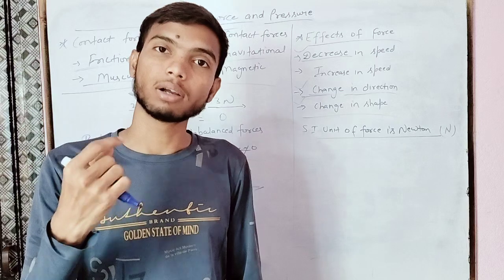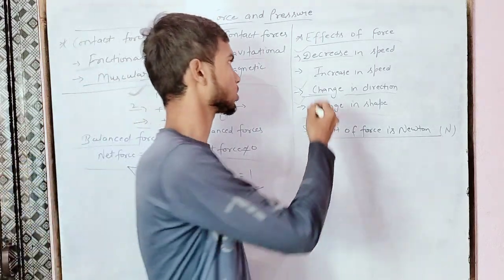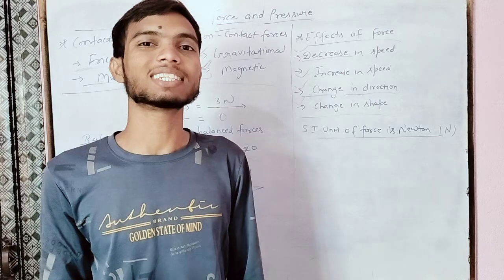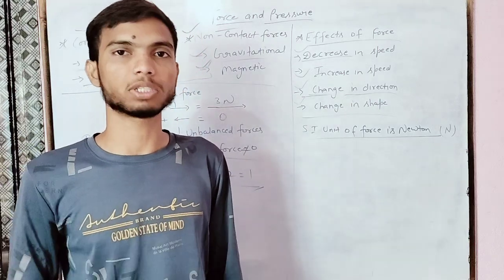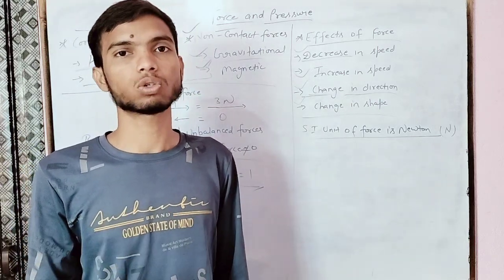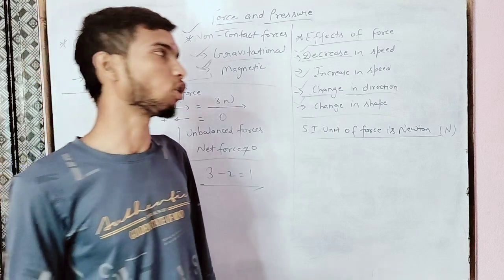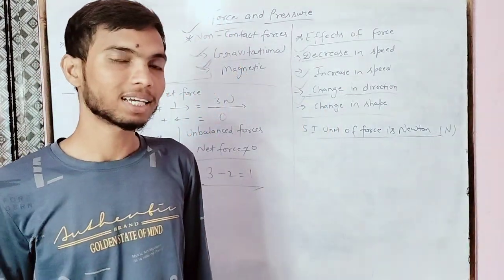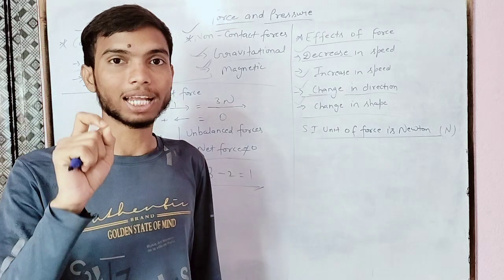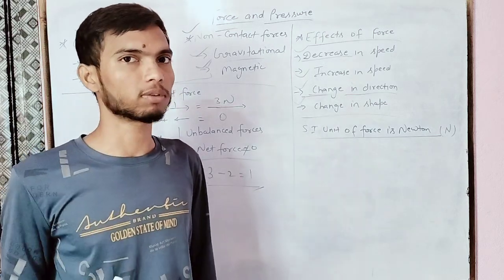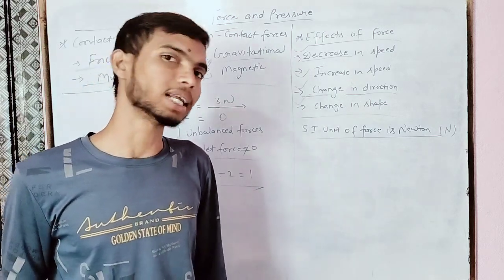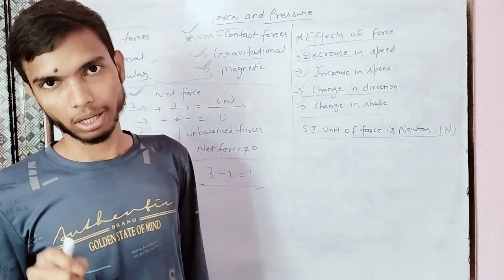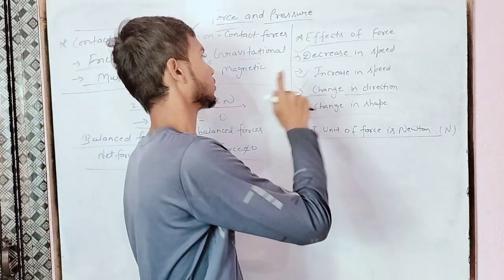This is an effect of a force. You can also increase the speed of any object. It is also an effect of a force. You can change any kind of object in any direction. It is also an effect of force.